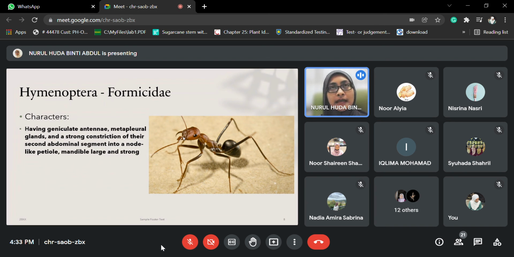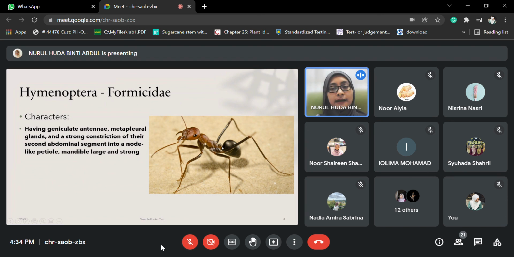But except for the assassin bug, which I mentioned before, it is also a predator, but that one sucks body fluid. It is a hemipteran, so it just pierces like a mosquito and sucks the body fluid of its prey. But Formicidae have very large mandibles, because they eat or capture their prey and also use them for fighting. So they have very large and very strong mandibles here.